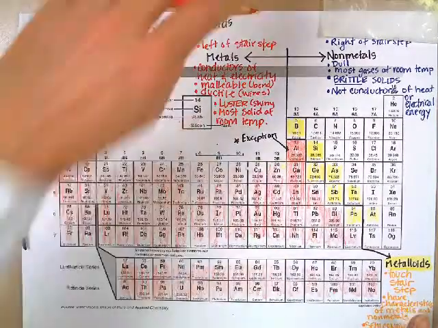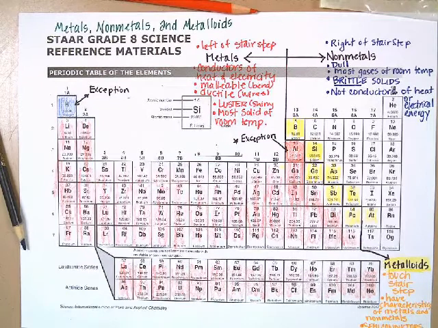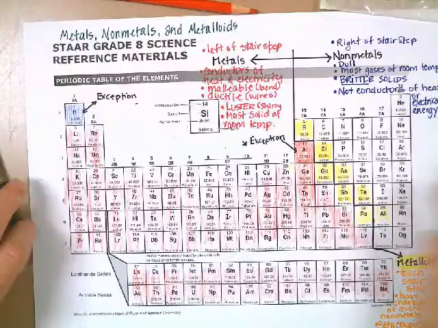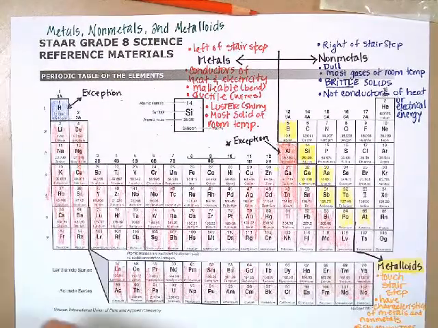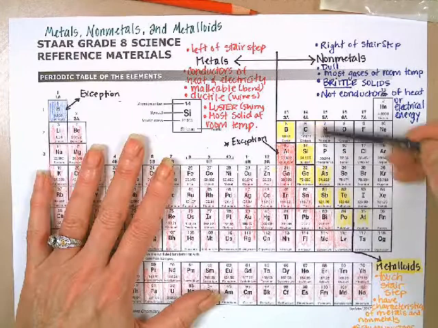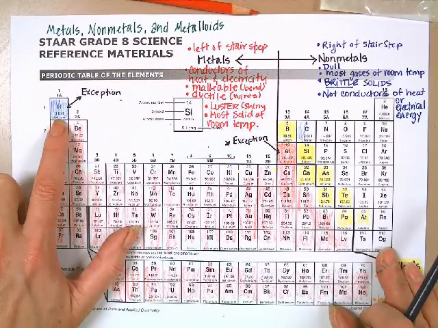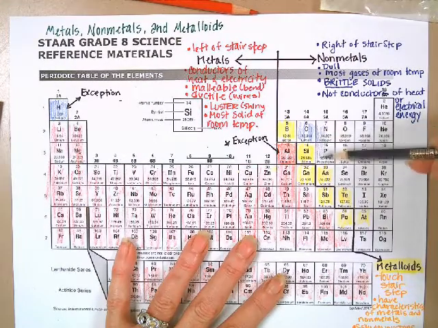All right. So let's shade them in. All of these are the main characteristics of our nonmetals. We're going to shade them in. Remember, we had to pick up hydrogen over here because it is a nonmetal as well. So remember your exceptions.